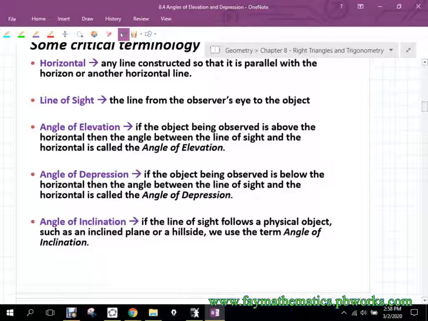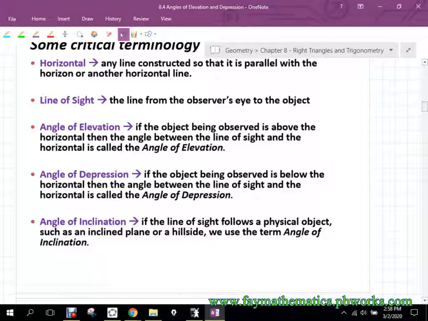When your line of sight goes up, if you're looking at something above the horizon, the line of sight creates what we call an angle of elevation. If the object being observed is above the horizontal, then the angle between the line of sight and the horizontal is called an angle of elevation.